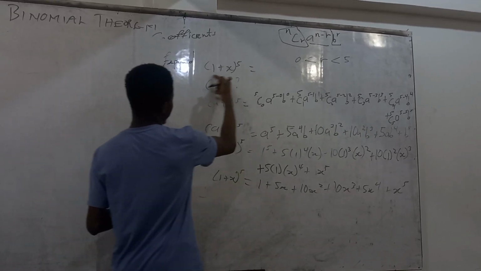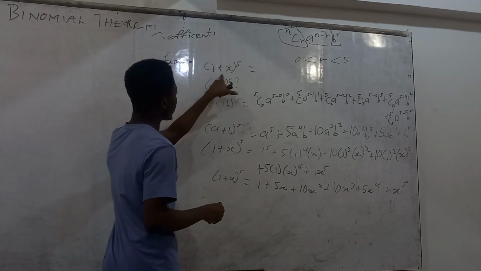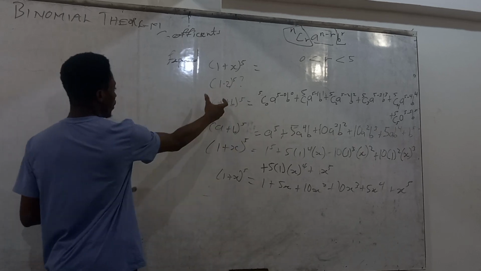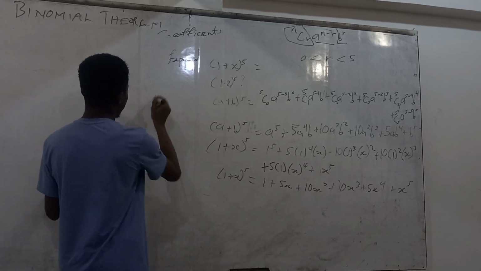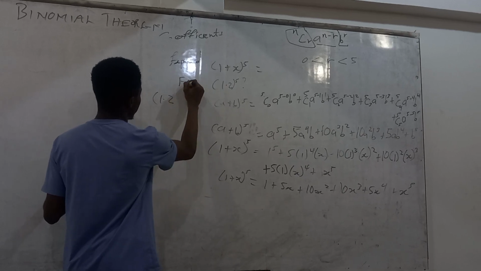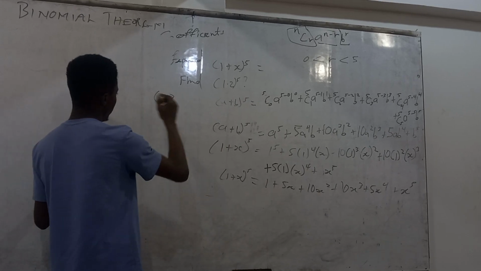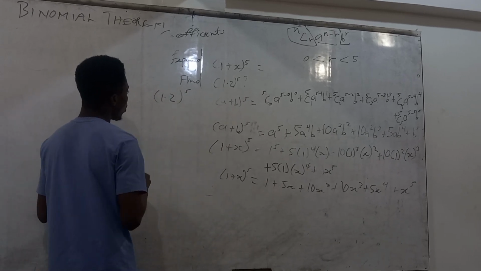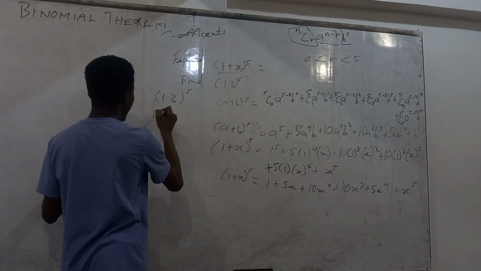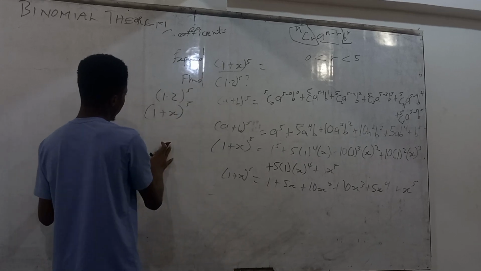It says expand (1 + x)^5. So now that you are done, you compare this expansion with what we are to find, which is 1.2. It says after expanding, we should find 1.2 to the power 5. By comparison, we know that they are all to the power 5.